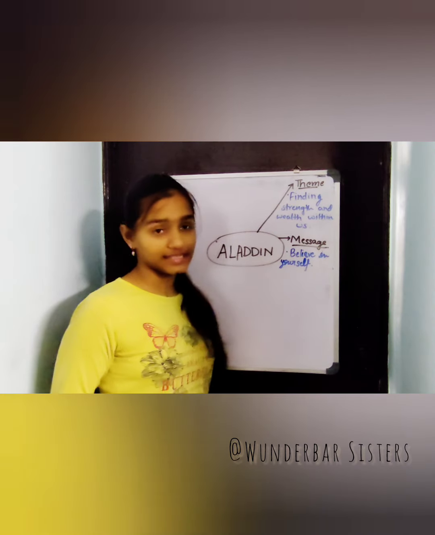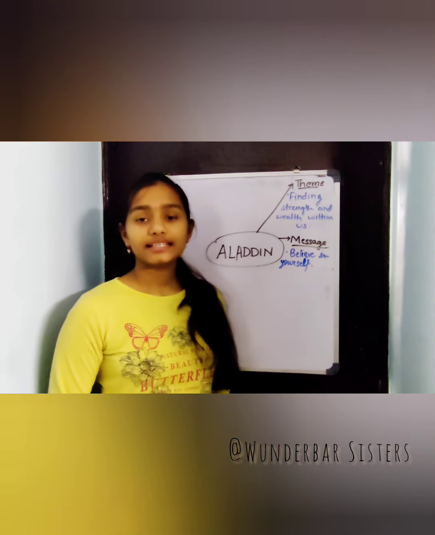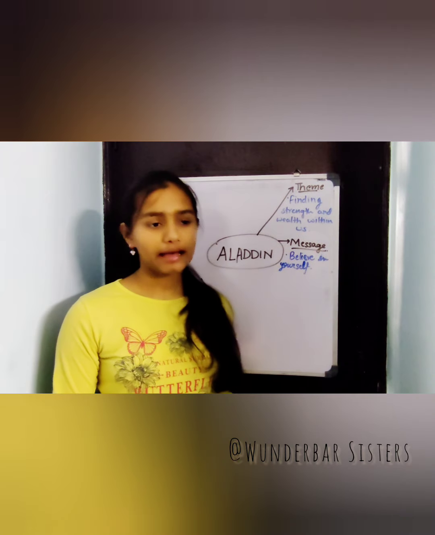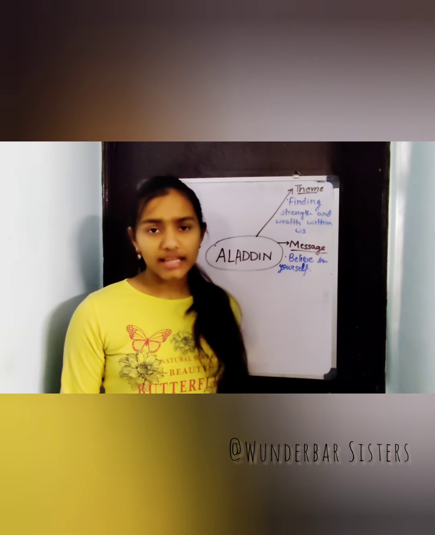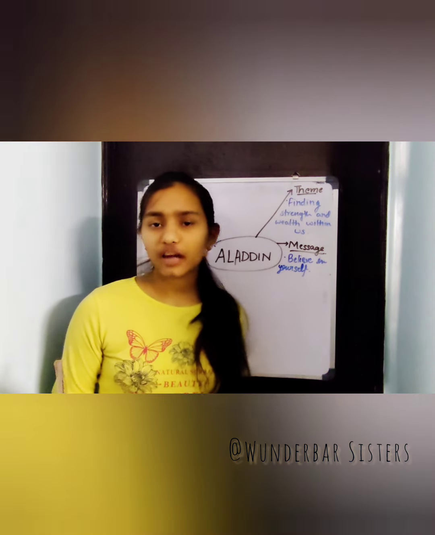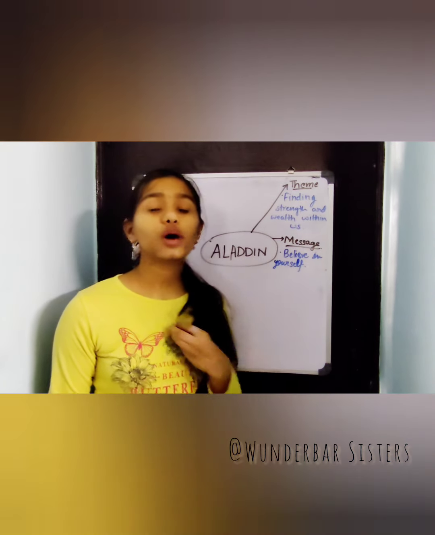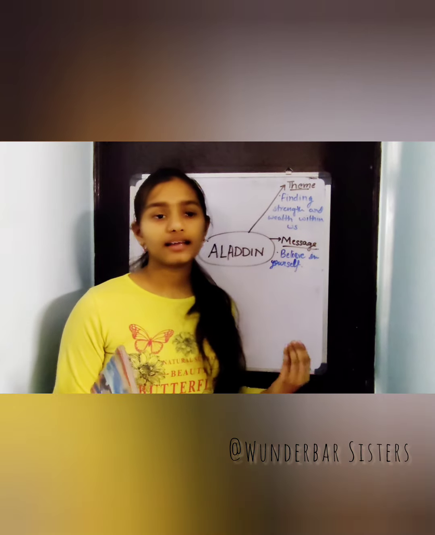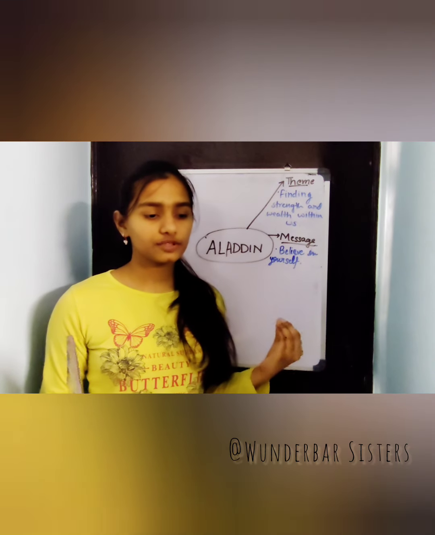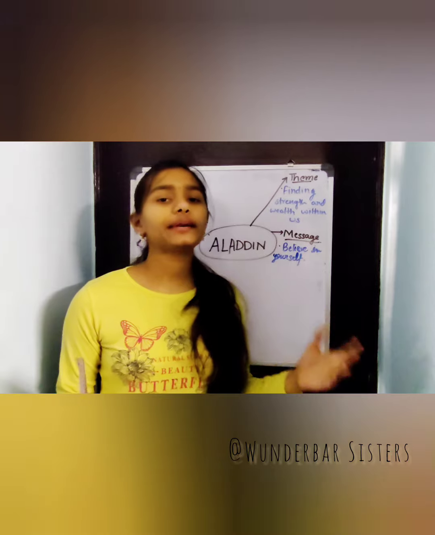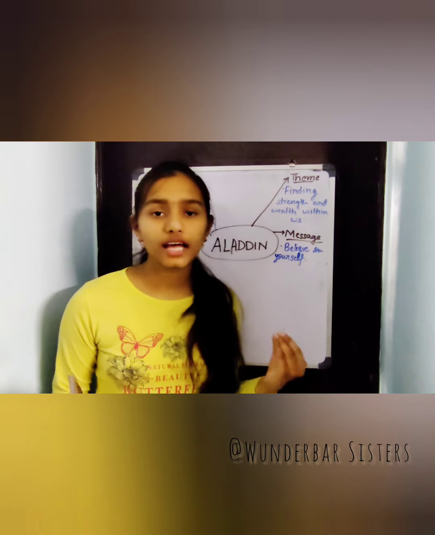So the second message that we can find in the story is that magic, like the genie did, magic, power, strength, can change your outside, your appearance, but it can never change who you are from within, unless you get falsely attracted or manipulated by the wealth or the power that you're looking for.